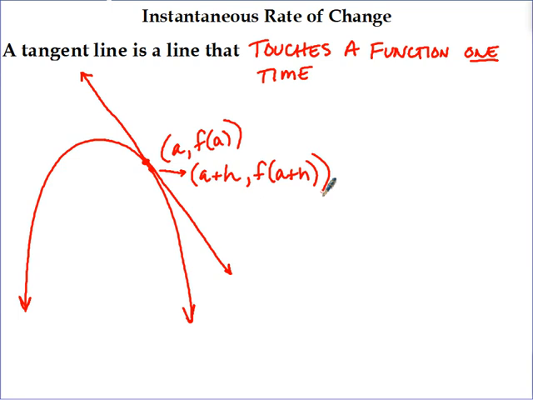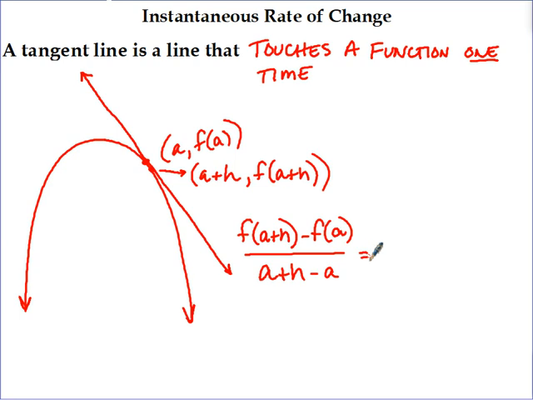So if I'm going to find the slope of this, remember my slope formula is y2 minus y1 over x2 minus x1. And notice in my denominator, these a's will subtract away. I'm left with this. And this is special.